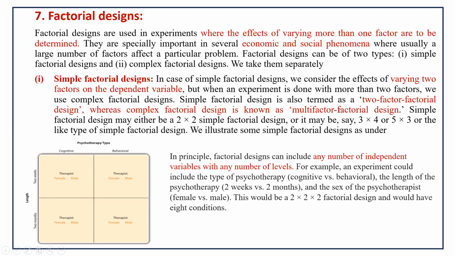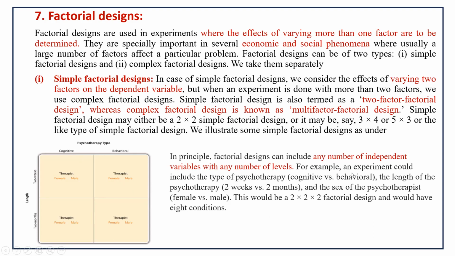Whenever only two factors are considered, it is called a two factor factorial design, whereas in complex design more than two factors are there, so it is called a multi-factor factorial design. A simple factorial design can be 2 into 2, which is the simplest, or it may be 3 into 4 or 5 into 3.